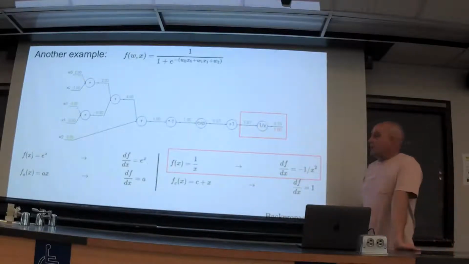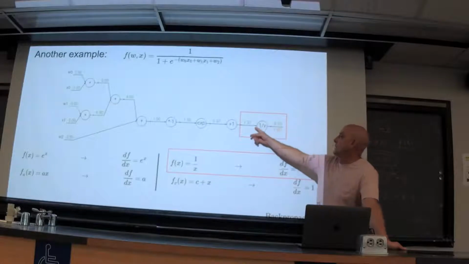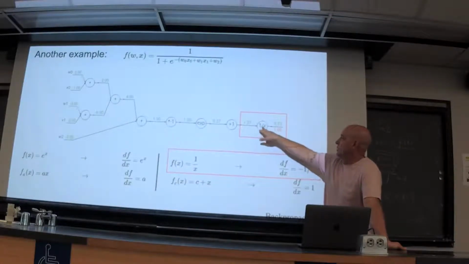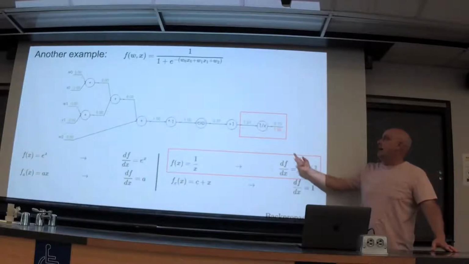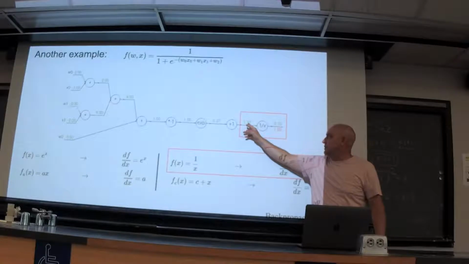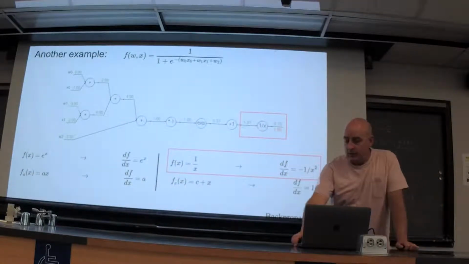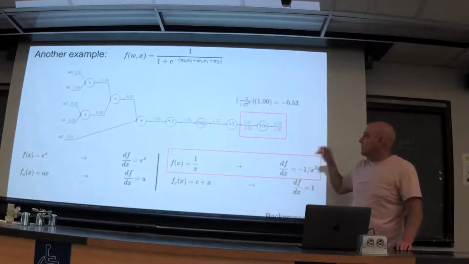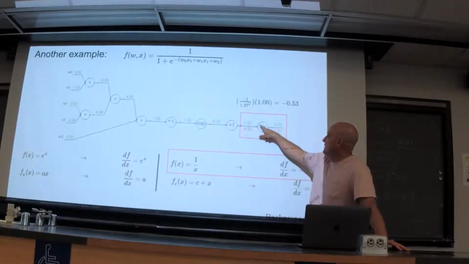Okay? Now what we need to do is compute the local gradients with respect to the inputs. We know that the derivative of 1 over x is minus 1 over x squared. We evaluate that at the value of the input, 1.37, and that will be the local gradient at this node.